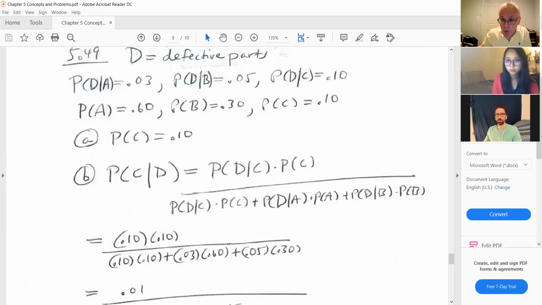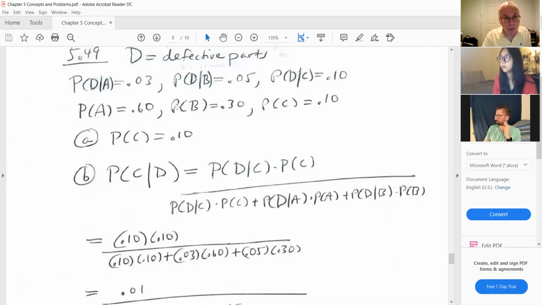And they're mutually exclusive too, right? This probability is mutually exclusive from this one, and it's mutually exclusive from this one. The defective item is either going to come from machine A, from machine B, or from machine C. It can't come from 2 machines or 3 machines. It has to come from only one of them at a time.